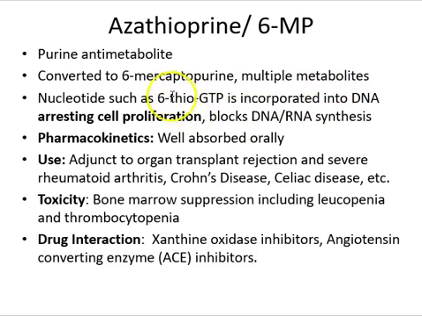What we're looking at is how these purines get incorporated into the DNA molecule, and they can because they are nucleotides. The structural integrity of the molecule is severely compromised, and the cell arrests or stops proliferating because the RNA and DNA synthetic pathway is severely restricted.